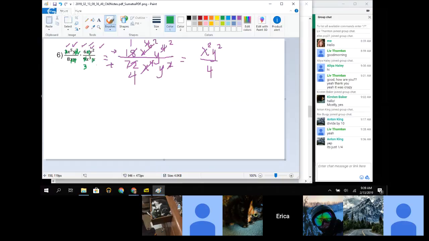And then 3 and 6, this becomes 2. And then 2 and 8, this becomes 4, right? And then we have x cubed and x to the 4th, so this becomes x squared. So if I do all that, I get x squared y squared over 4.